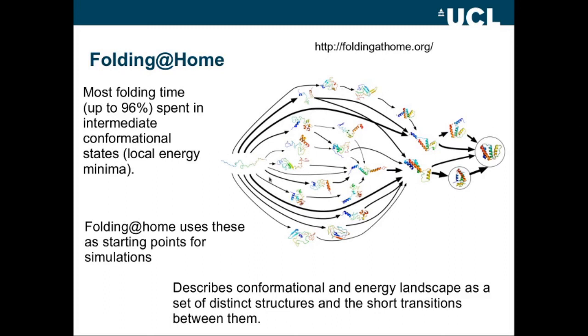We're starting with an unfolded protein, trying to get to this properly folded protein at the end, and we're going through all these intermediate states, which presumably are some sort of local minima. Now, folding at home actually uses these as starting points for simulations. It describes conformational and energy landscape as a set of distinct structures and short transitions between them.